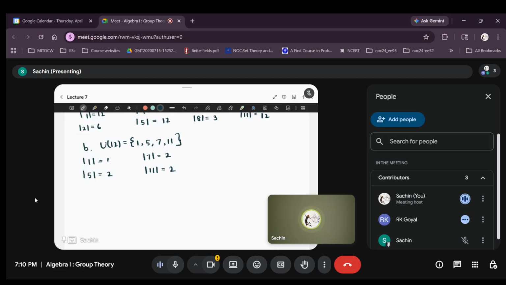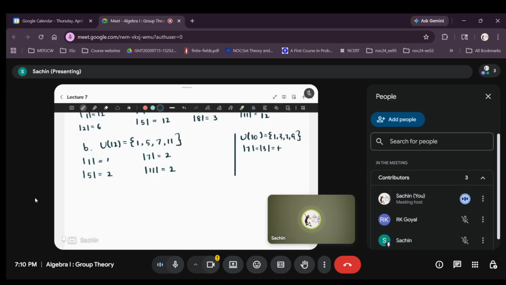If you take U of 10, then U of 10 is 1, 3, 7, 9, and we saw this example yesterday. 7 and 3 both have order equal to 4. So 7 and 3 generate U of 10.